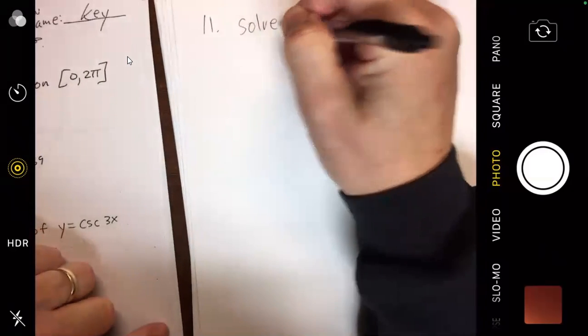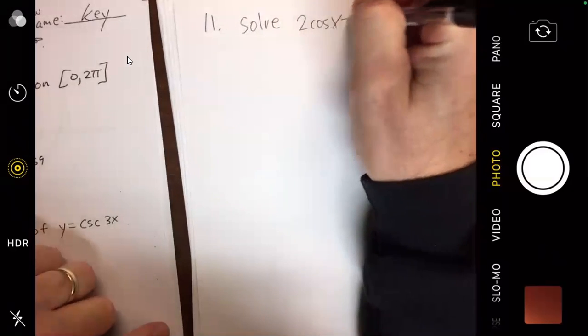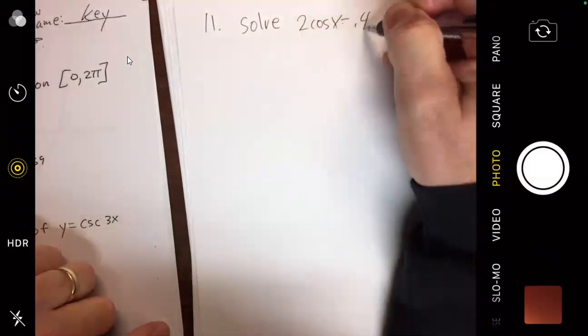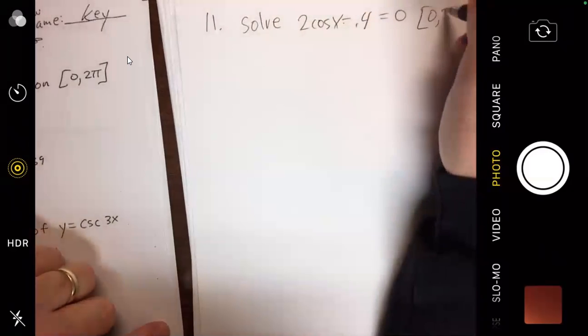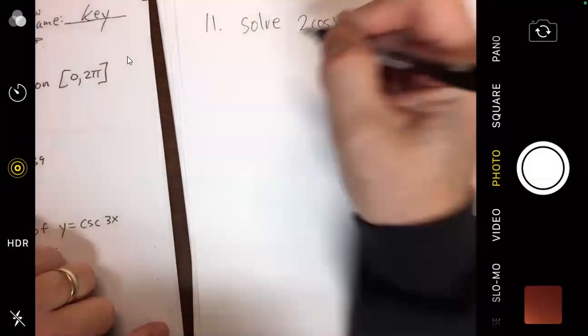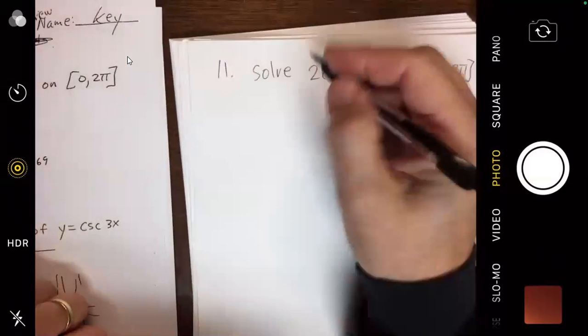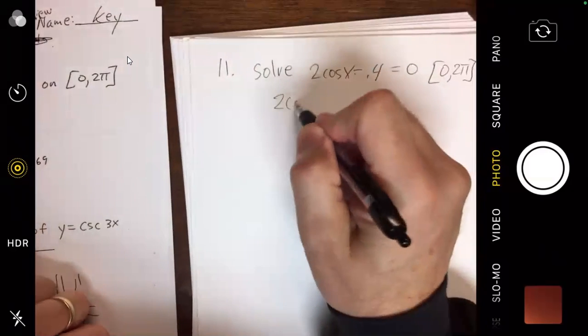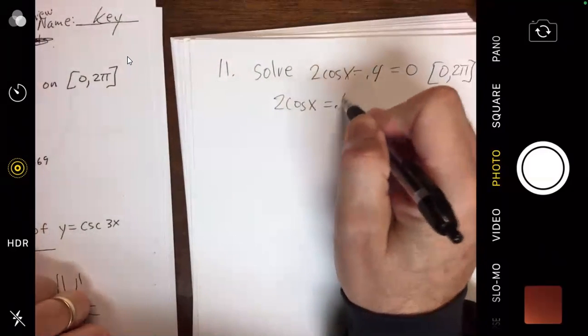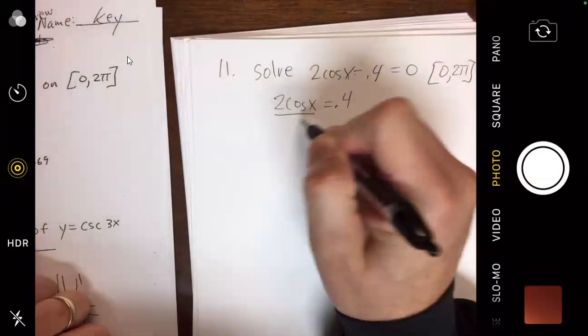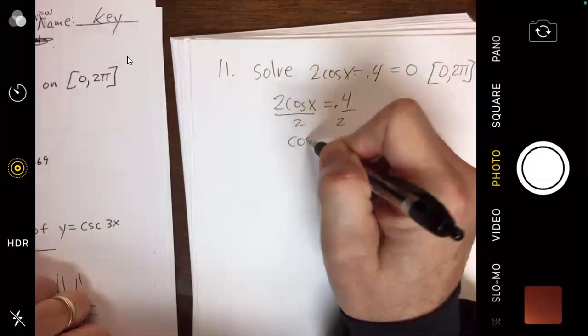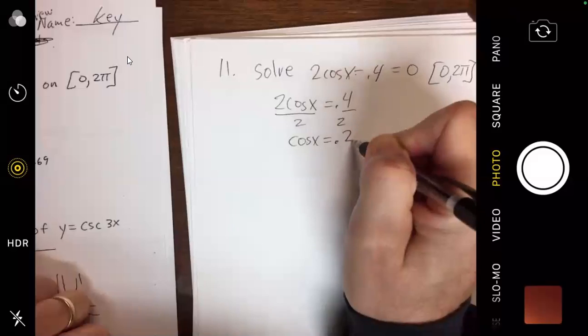Solve 2 cosine of x minus 0.4 equals 0, again on 0 to 2 pi. That would give us 2 cosine of x equals 0.4, so cosine of x equals 0.4 divided by 2, which equals 0.2.